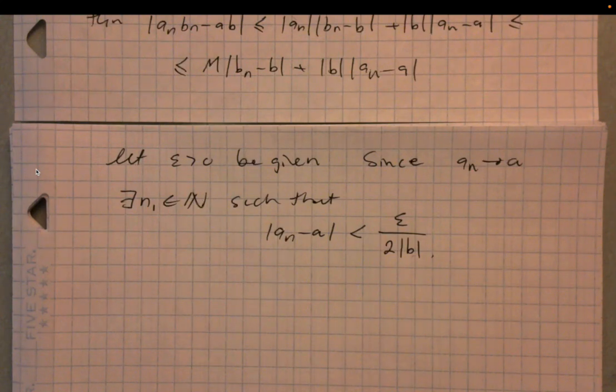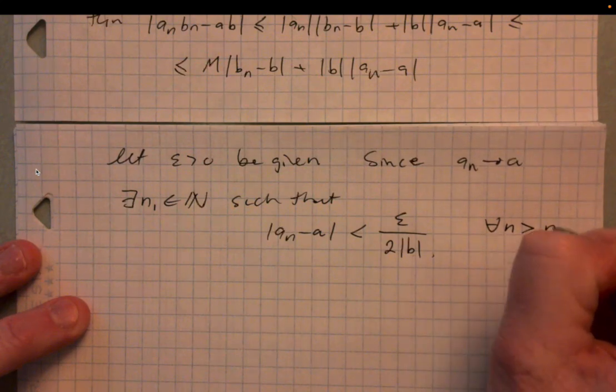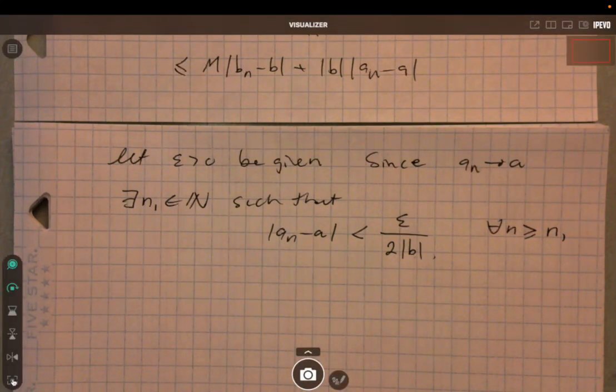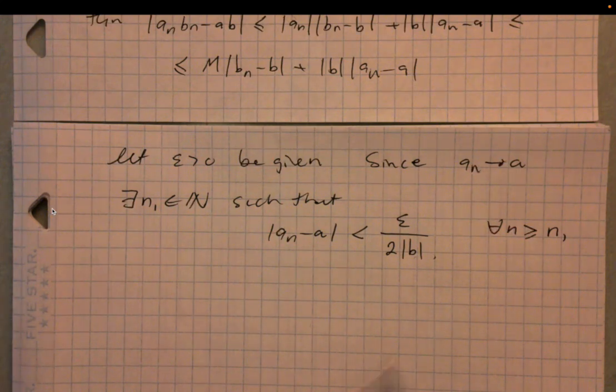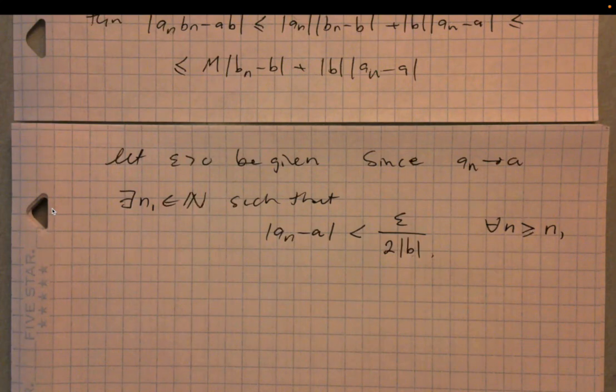And this is going to be true for all n greater than or equal to n1. This is given just based on the fact that a sub n converges to a. Now you may be asking yourself, what is the value of expressing it like this? Well, we'll see in a moment how all the arithmetic comes together.